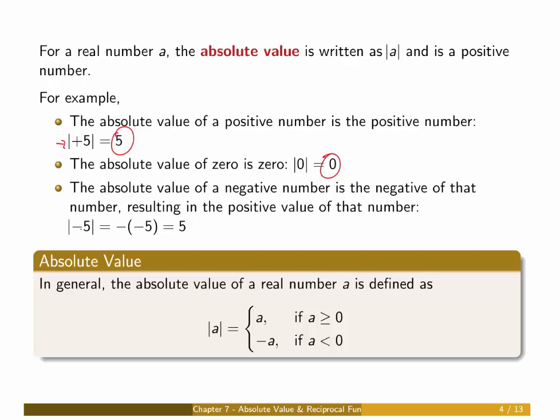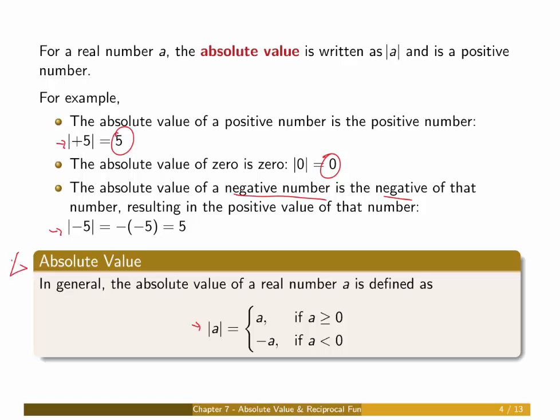But when you take the absolute value of a negative number, like here, negative 5, you're actually taking the negative of that negative number. That's how you're converting it to be positive. While this might seem trivial, when you define an absolute value as such, you're going to see that when we talk about absolute value equations, you're always going to come back to this.